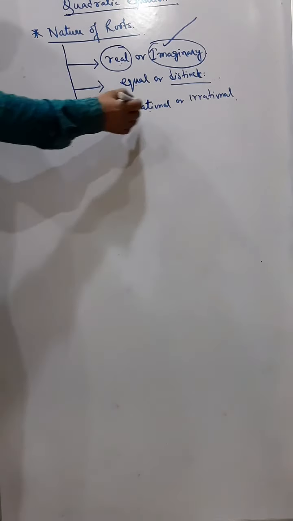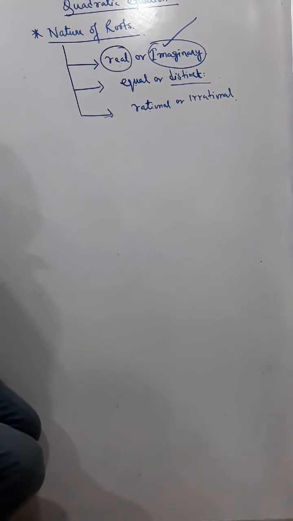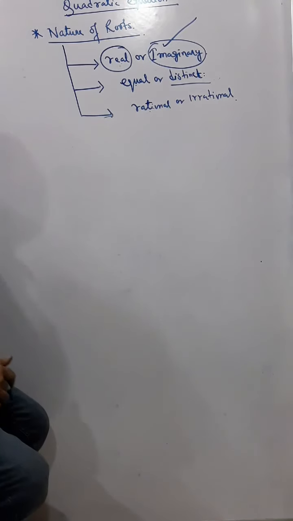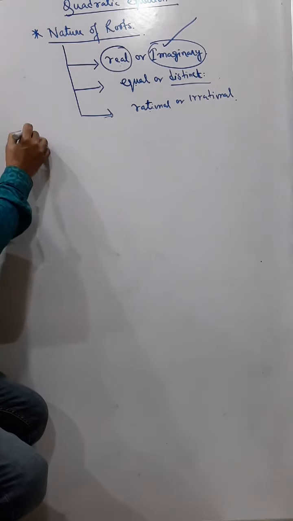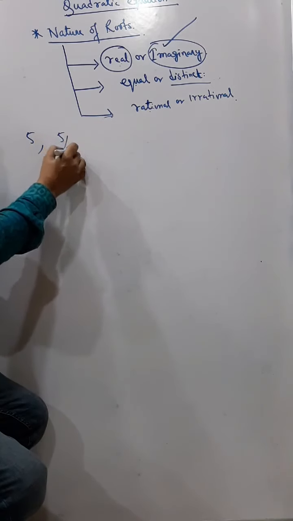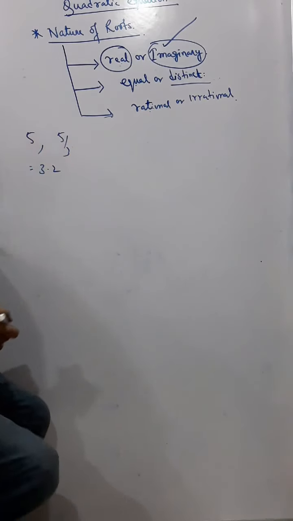And when we say roots are rational or irrational, rational number means the normal numbers without any square root. Say any number, 5 is a rational number, 5 by 3, or say 3.2, all these are rational numbers.